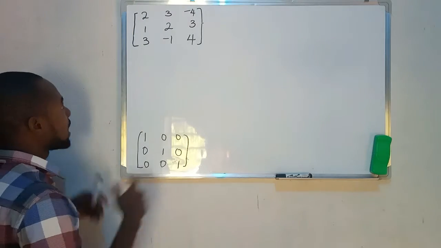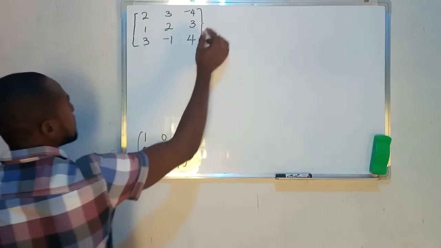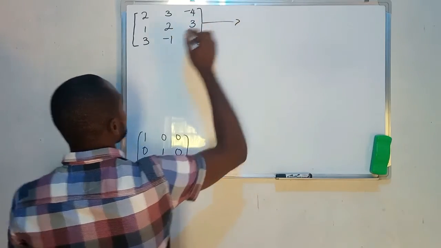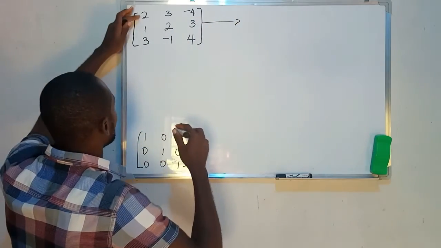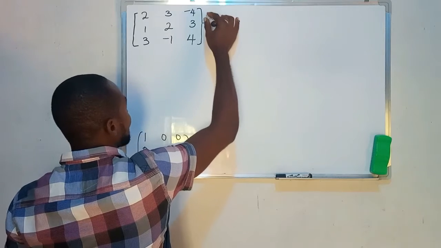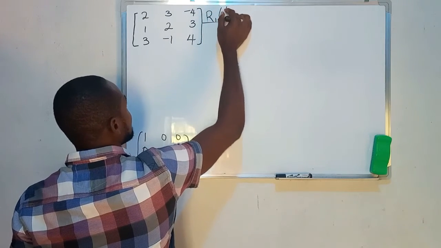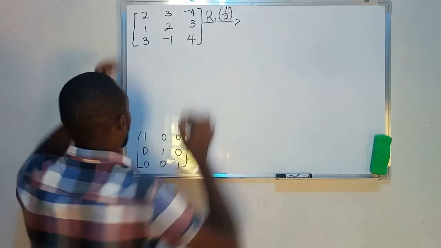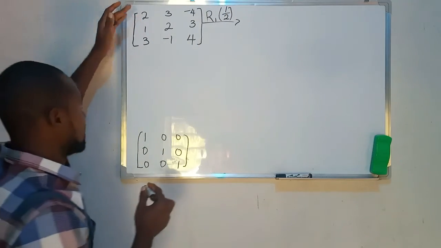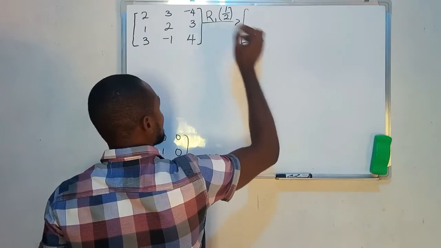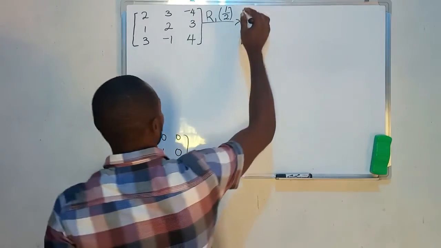So I'm just going to write out the two iterations. I'm going to divide this by 2. What we write here is row 1 times the multiplicative inverse of 2, which is half. And so multiplying the first row with the multiplicative inverse, we'll have something like this.